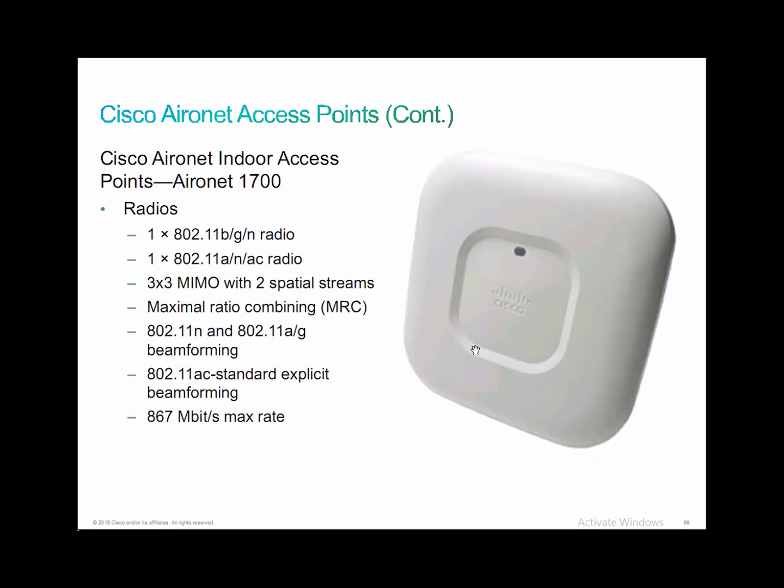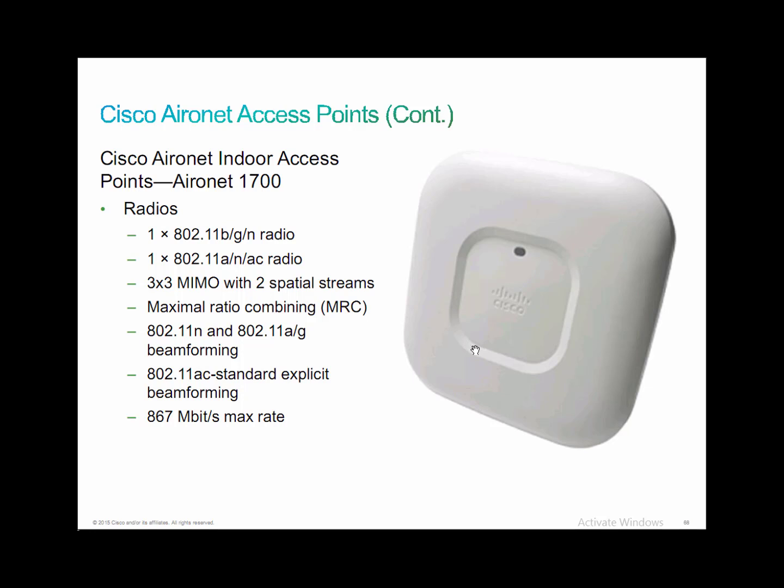All right. This is a very, very common access point. 1700 series, 2.4 and 5 gigahertz. Again, both radios can operate concurrently. 3x3 MIMO with 2 spatial streams, 20 and 40 megahertz channels, 802.11n.